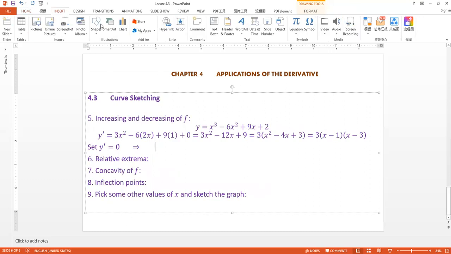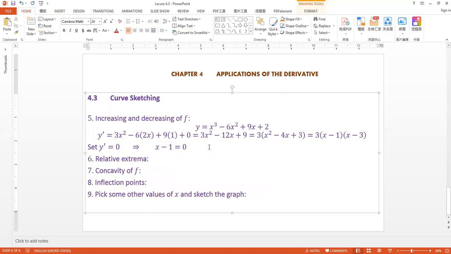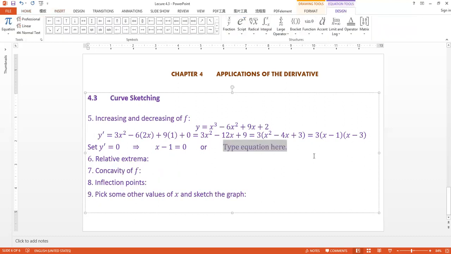Okay, so then we have two equations. x minus 1 equal to 0. We just set each factor equal to 0. Or x minus 3 equal to 0. So then we get the critical numbers.